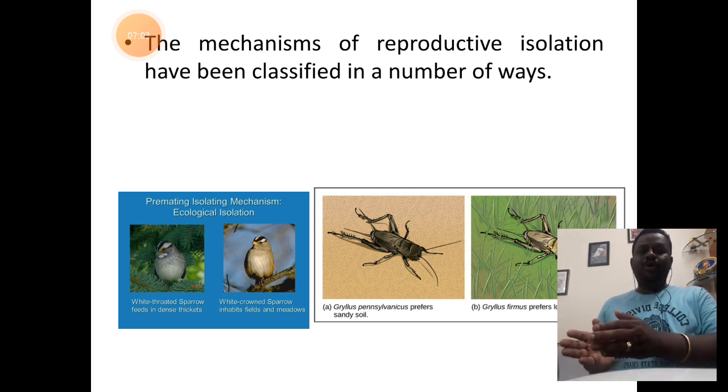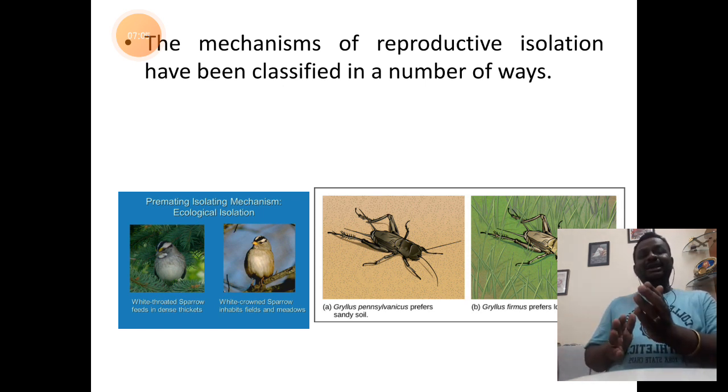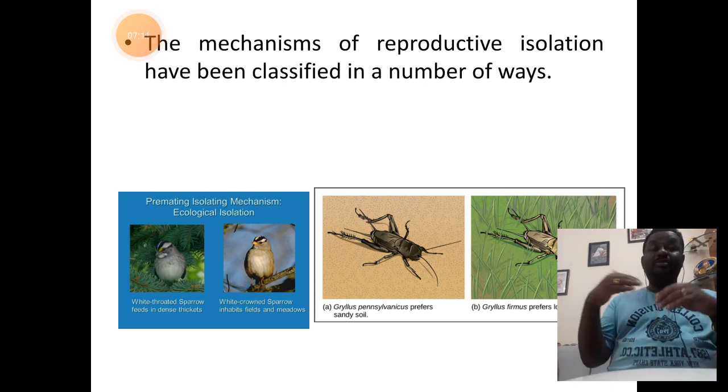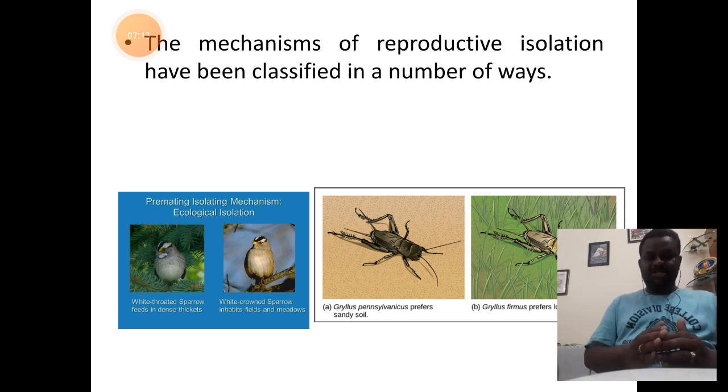The first type we call pre-mating or pre-zygotic isolation. This happens before the fertilization or copulation process. The second is post-mating or zygotic reproductive isolation mechanisms, which occur after the process of mating.